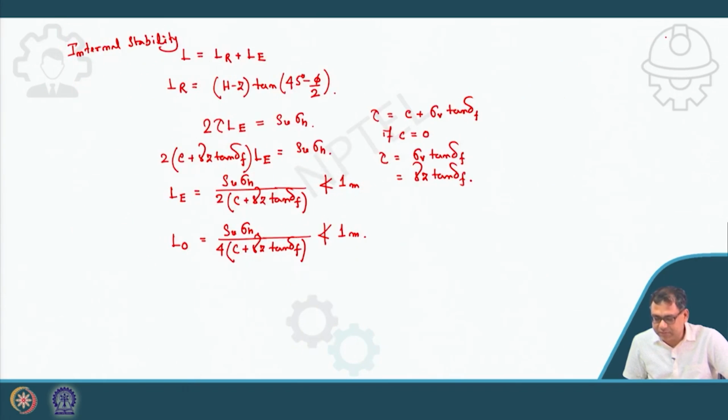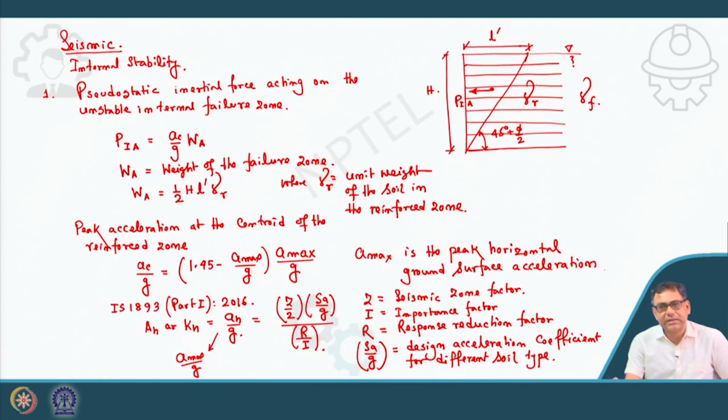For example, here you can see that the length is the same, say I am providing, but its resistance area is not the same, because this is your failure surface. So, the lower reinforcement has more resistance area as compared to the top reinforcement. That means the bottommost reinforcement has maximum resistance area. Here you can see, if you consider this triangular failure zone, this bottom reinforcement layer has the maximum resistance area as compared to the top, if I provide the same length of reinforcement from top to bottom.